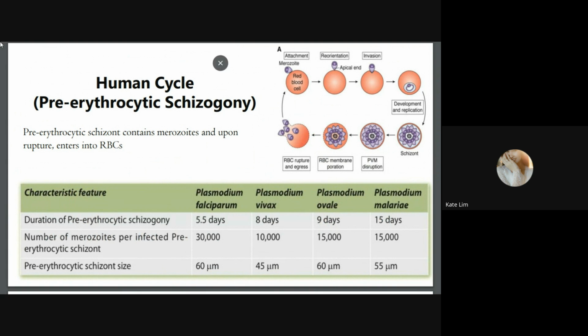As you can see, Plasmodium falciparum has the most merozoites, and that would really tell you that Plasmodium falciparum can cause severe destruction of the RBCs and can cause severe malaria compared to these three right here. Okay?